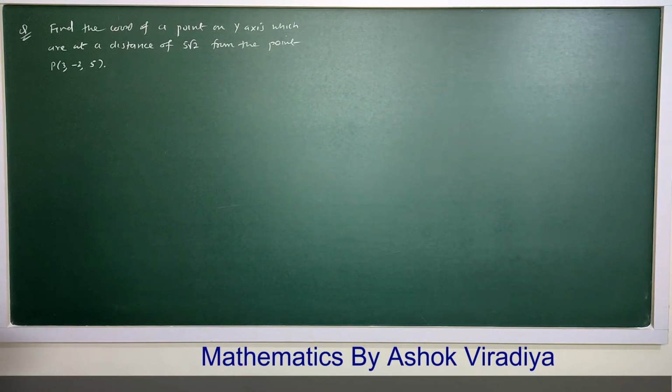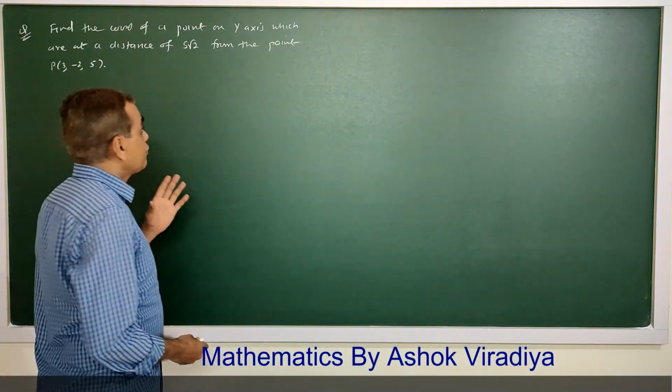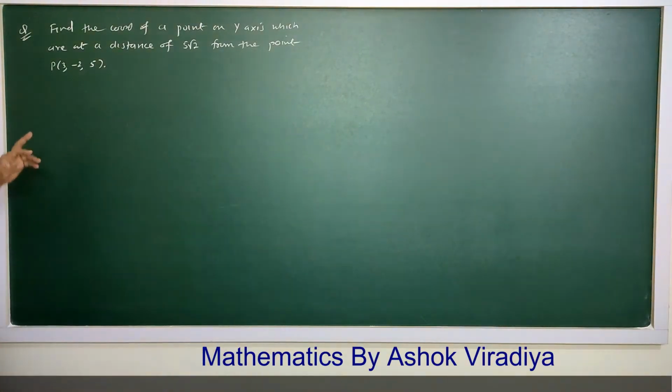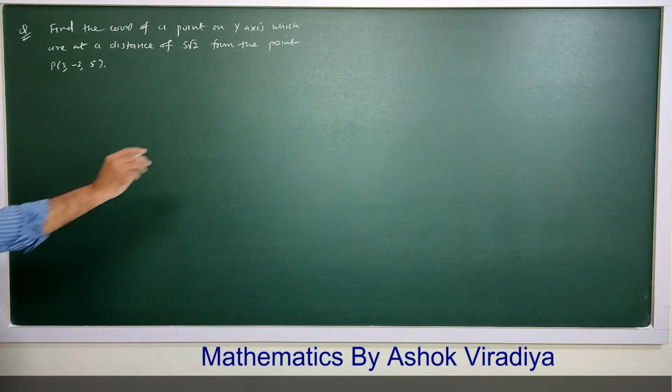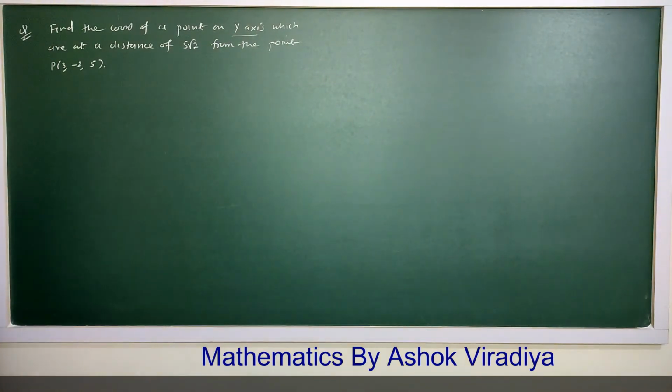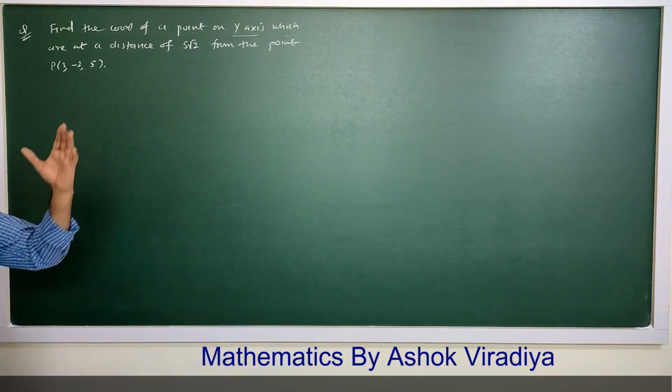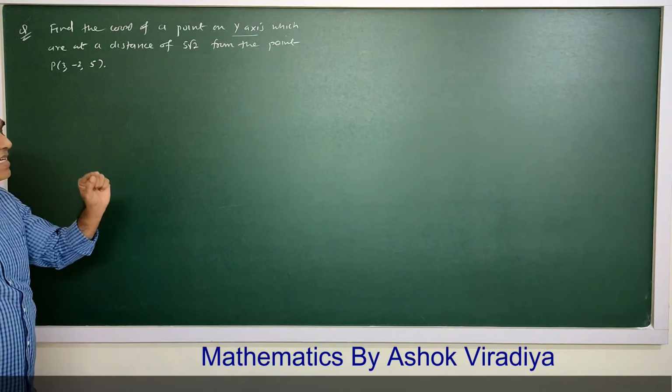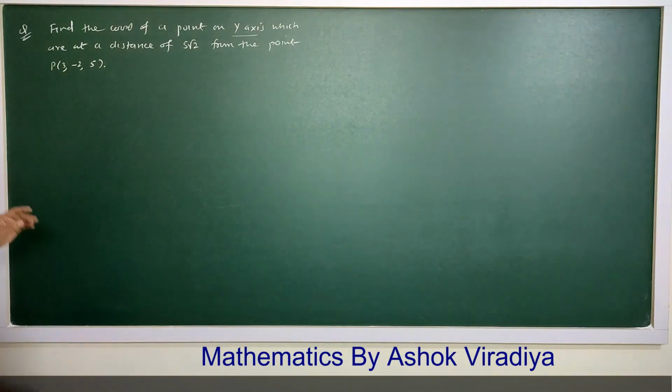Find the coordinates of a point on y-axis which are at a distance of 5 root 2 from the point P (3, -2, 5). Say the required point is on y-axis, so that point will have x and z coordinate 0.